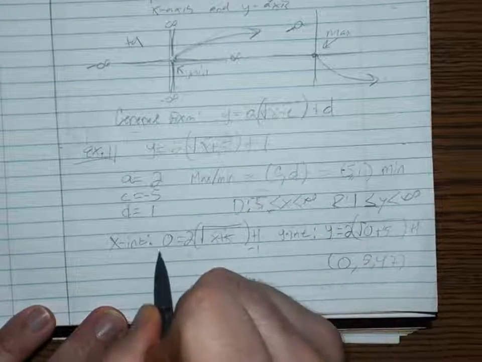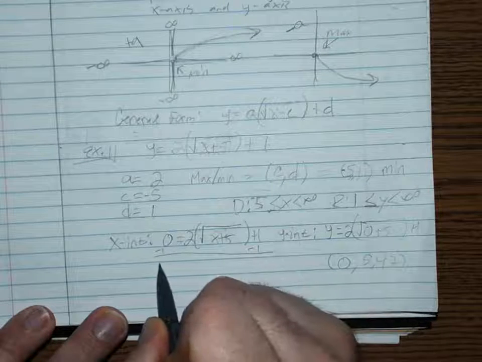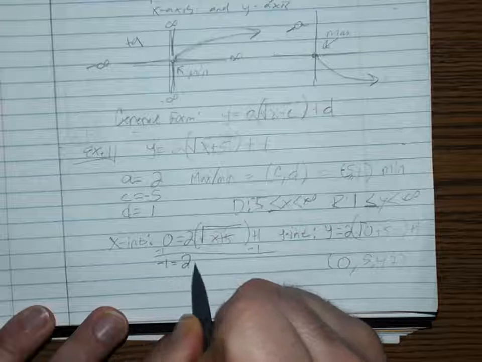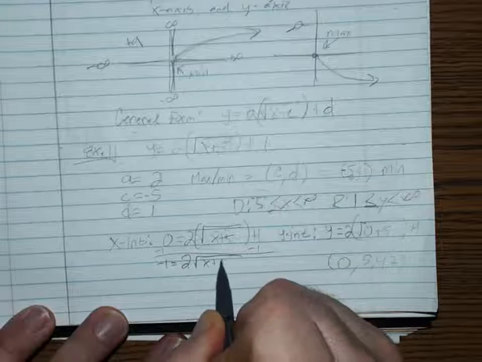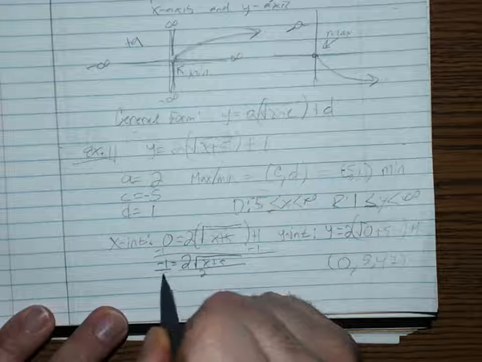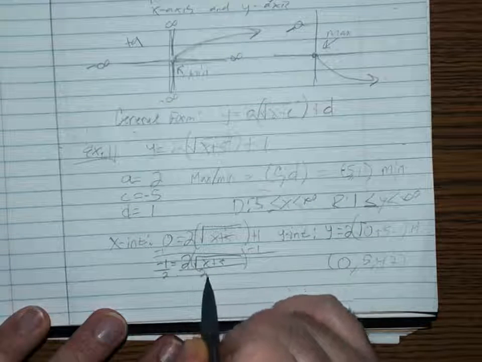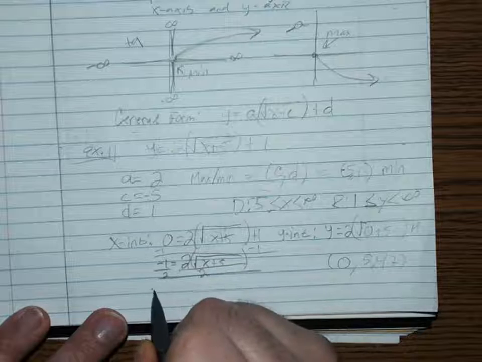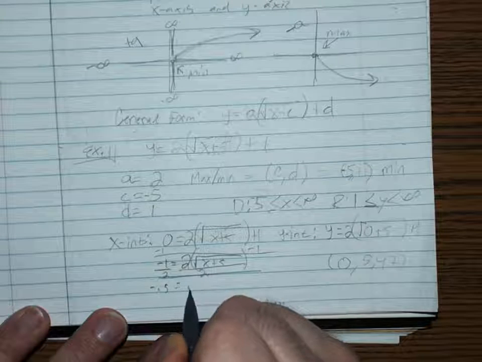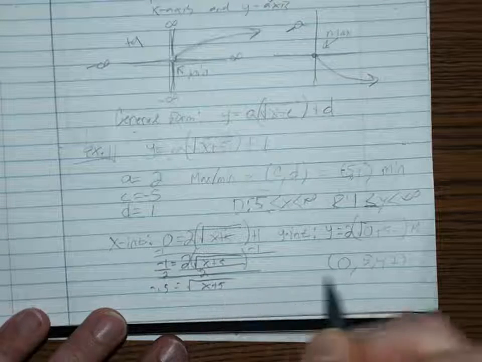So first we'll subtract 1 from both sides. So we get negative 1 equals 2 times the square root of x plus 5. Then we will divide both sides by 2. Remember, this is 2 times this whole thing. I'm undoing times. So I get negative 0.5 equals the square root of x plus 5.